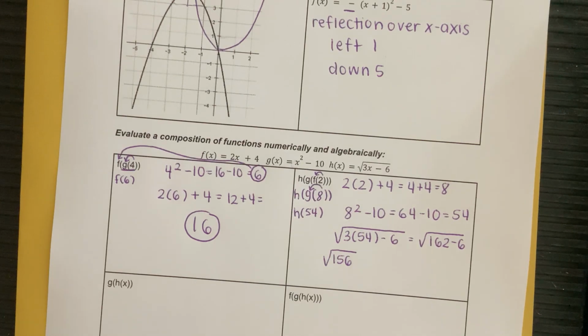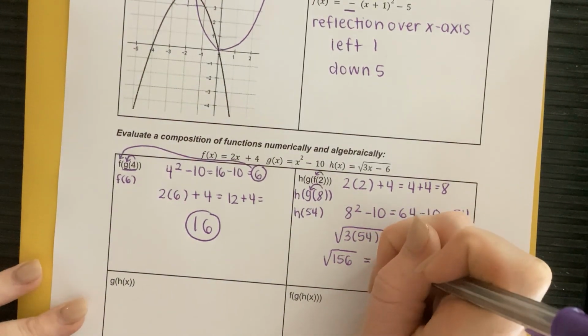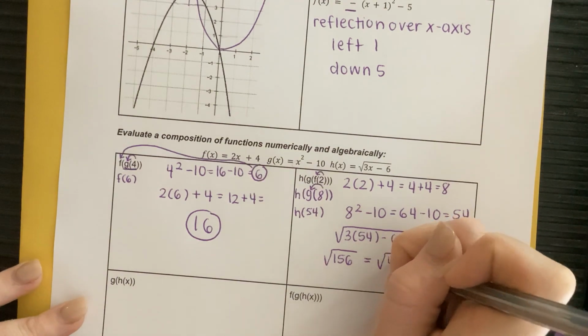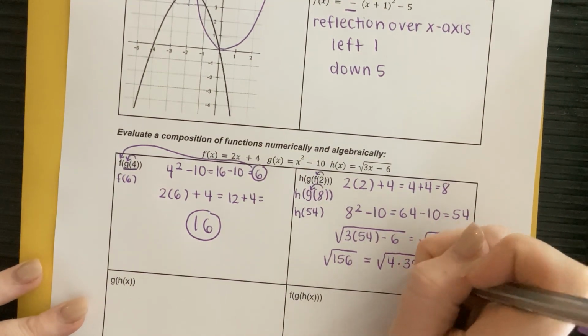Okay, well, 156 divided by 1, that doesn't matter. So if I do 156 divided by 4, and you might have to work it out on the side, is going to give you 39. Okay, so I can rewrite this as 4 times 39.